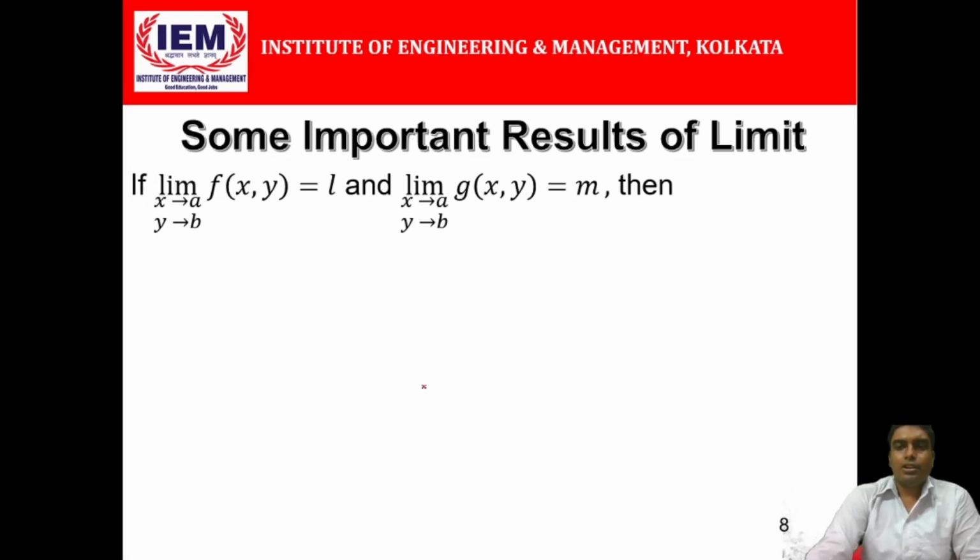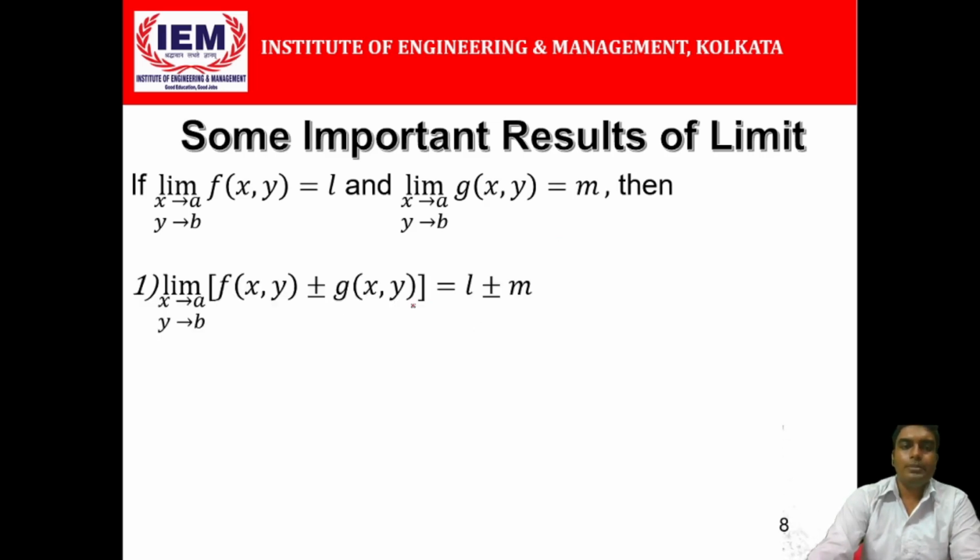Some important results of the limit, similar to what you already know for the single variable. If the function f(x, y) has limit L as x tends to a, y tends to b, and another function g has limit m as x tends to a, y tends to b, then I can write the limit of f(x, y) plus or minus g(x, y), the sum of the two functions, as L plus or minus m.